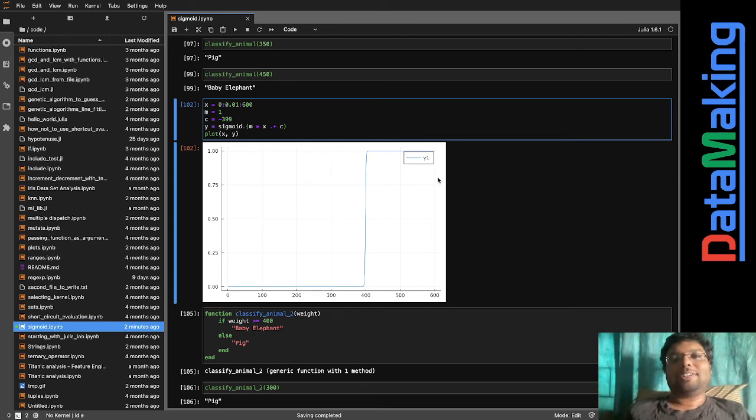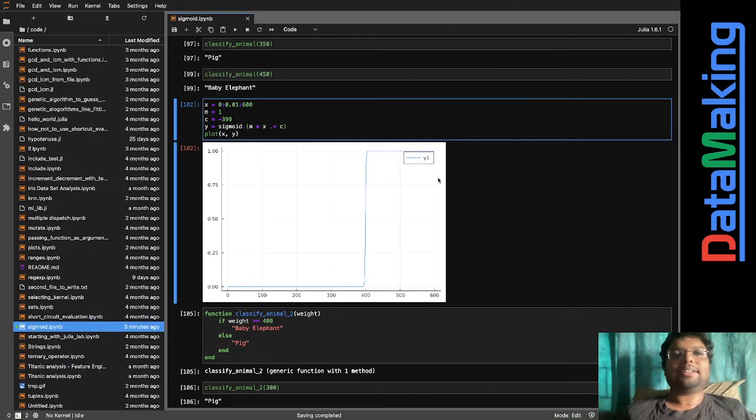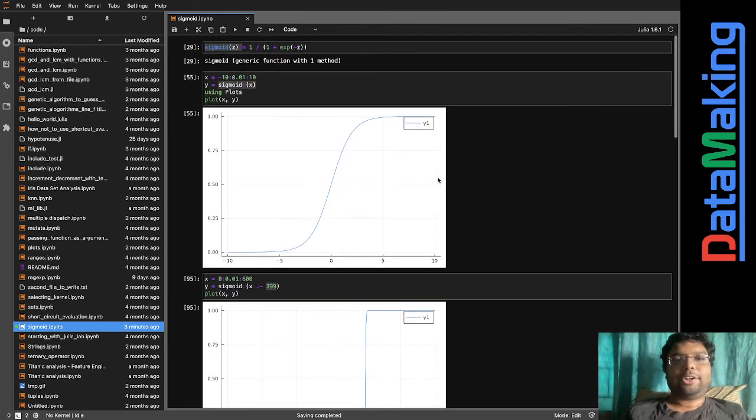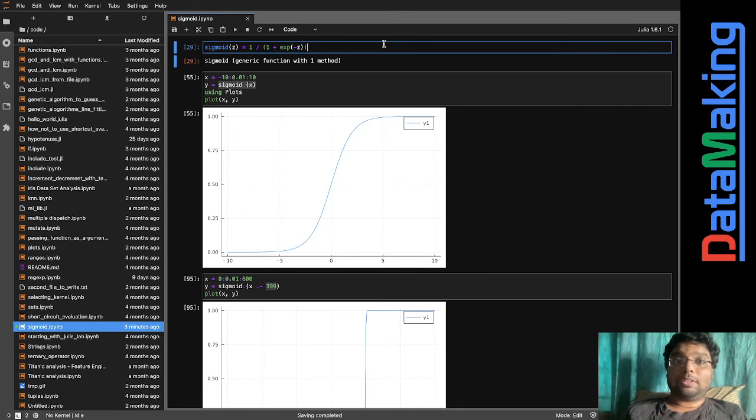It all depends on you, but you're just squashing it into two binary values. For that, sigmoid is very, very useful. I hope you could appreciate the power of sigmoid, squashing of values and all those things.